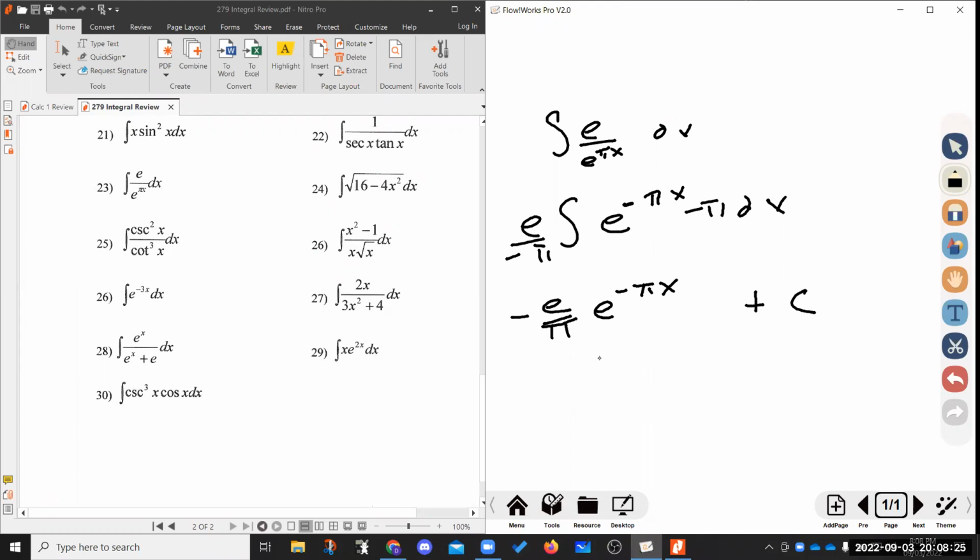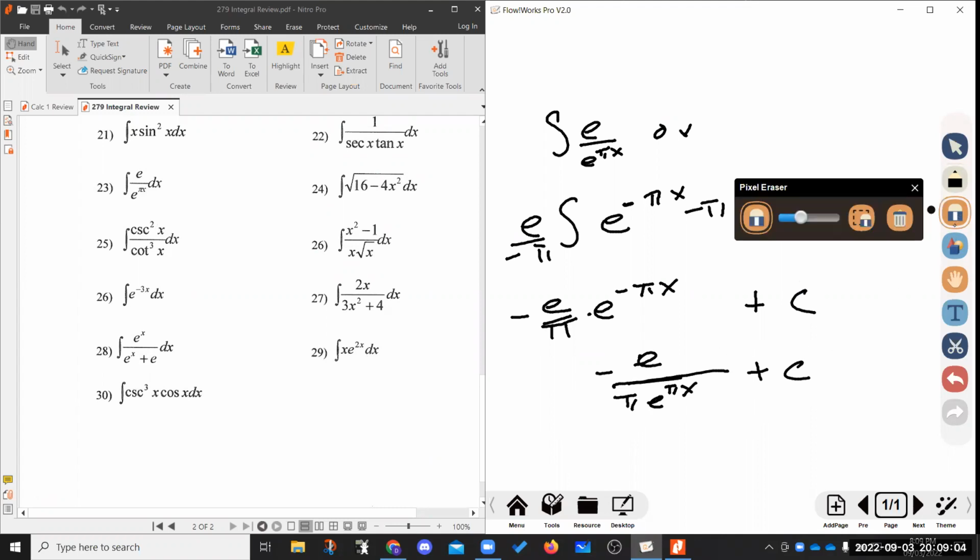We could write this as negative e to the 1 minus pi x divided by pi plus c if we wanted to, because when we multiply like bases, we add the exponents. If we wanted to write it more like the original, we can leave the e on the top and pi e to the pi x in the bottom plus c. That works just as well. That looks more like my original that I started off with.